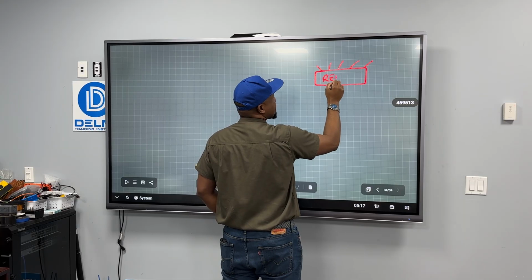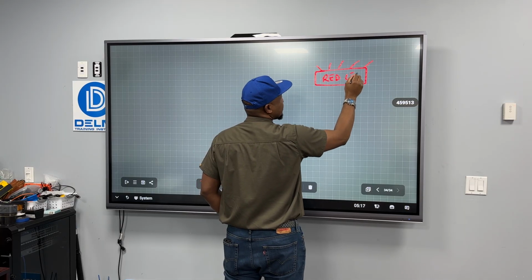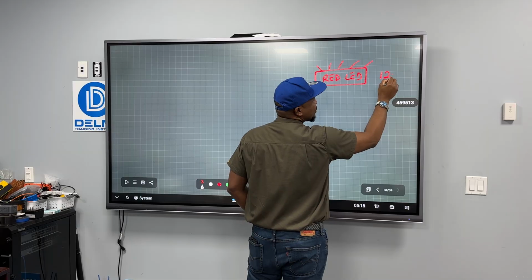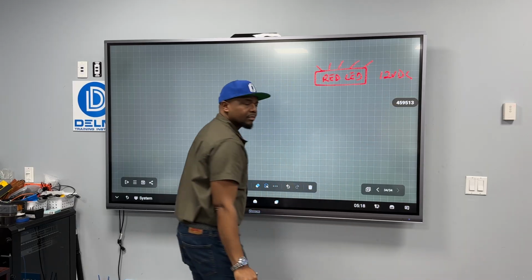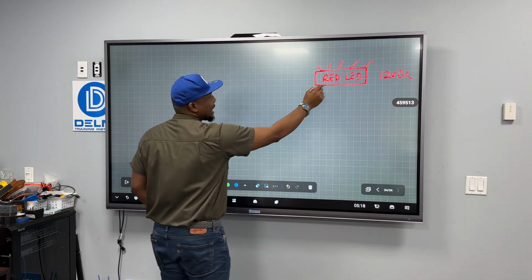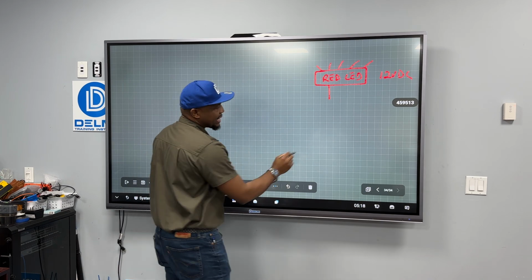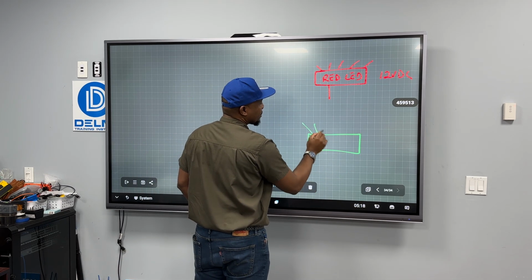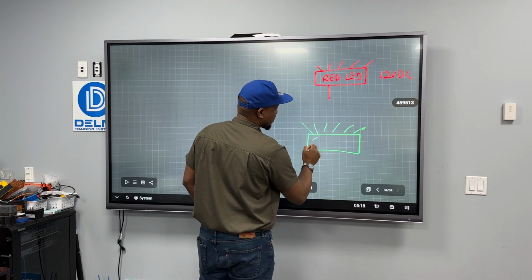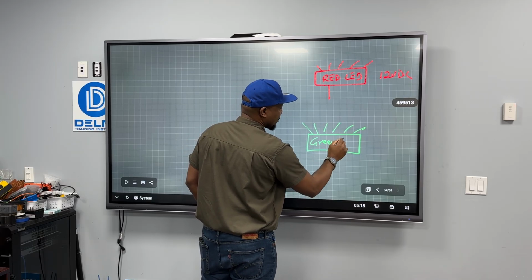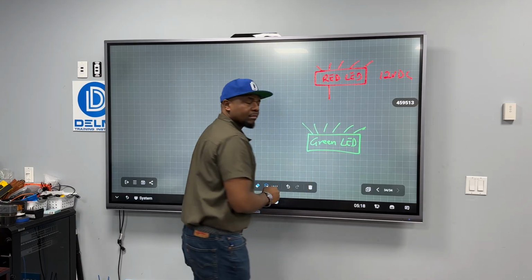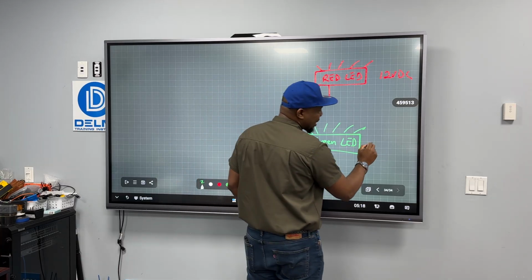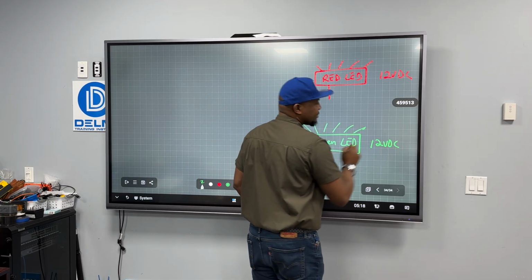Red LED. It works at 12 volts DC. And I have another one, which is a green LED. Right, green LED, this also works at 12 volts DC.